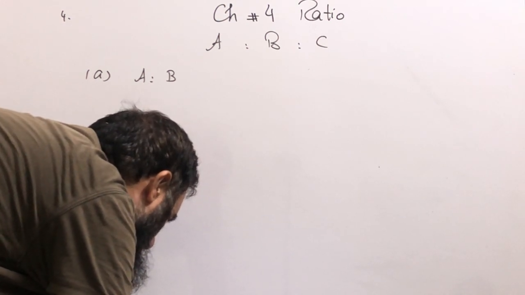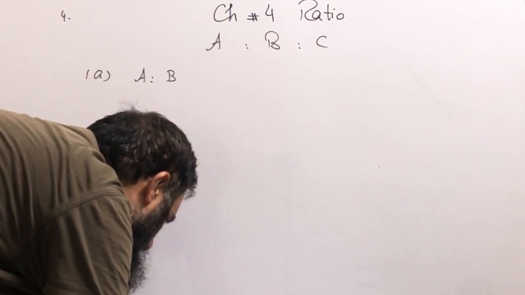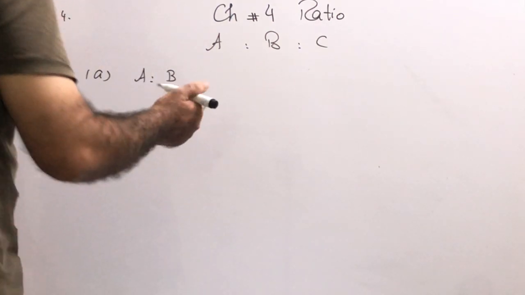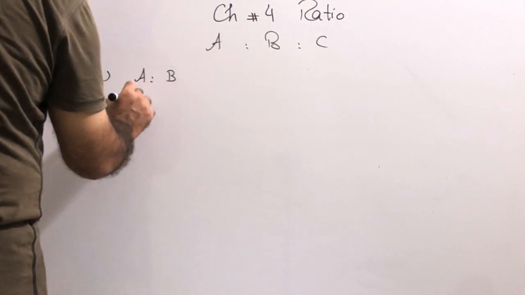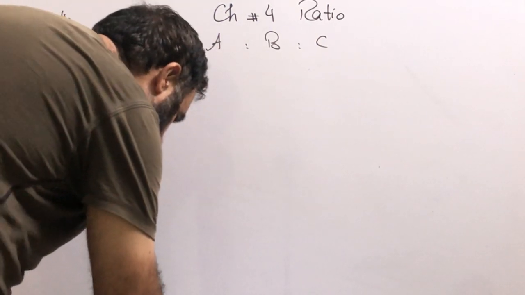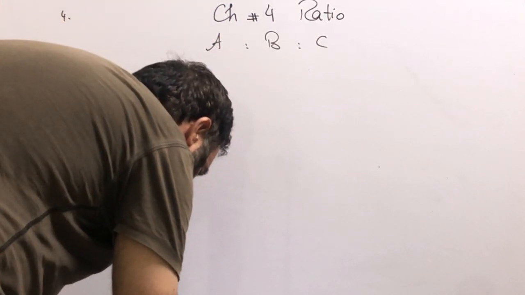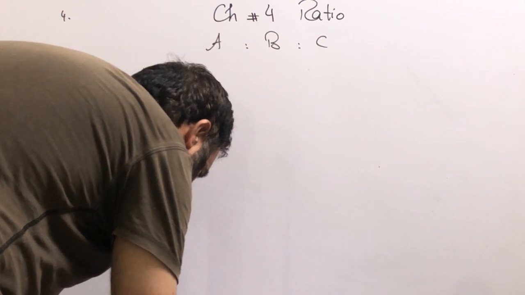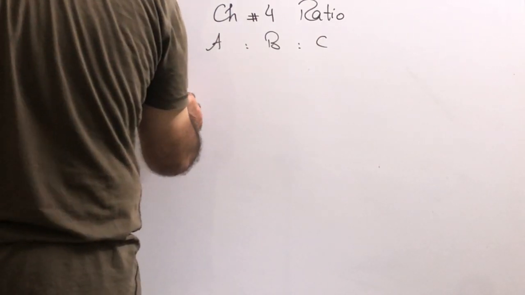It is 1, 2, 3, 4, almost 5, so 0.5 liters, and in B it is 1, 2, 3, 4, 5, 6, 7, 8, almost 0.8.